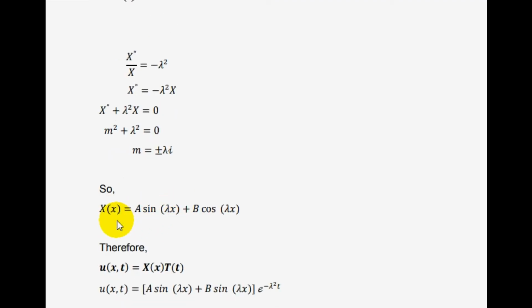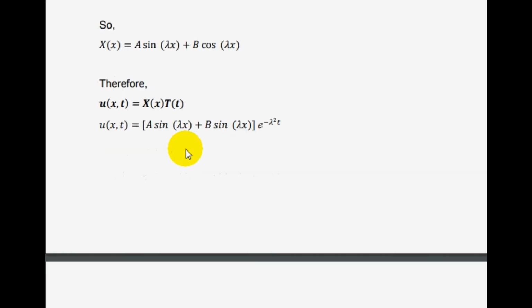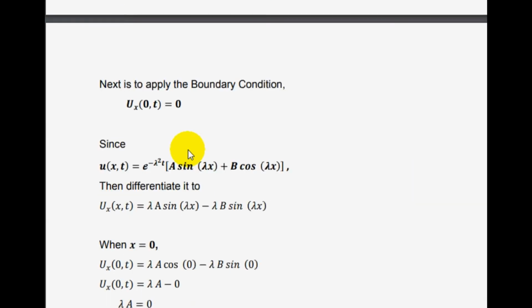You also will get X(x) equal to A sin lambda x plus B cos lambda x. Therefore, you will get the answer after you combine X(x) and T(t) that you just found. Next, we have to apply the boundary condition, which we all know: u_x(0,t) is equal to 0.